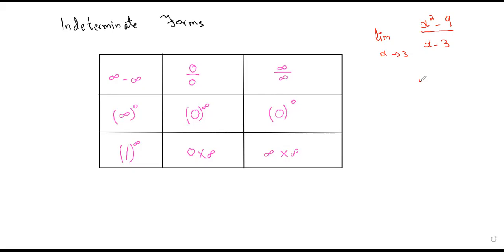So it would become 3 squared minus 9 divided by 3 minus 3. It would be 9 minus 9 divided by 3 minus 3. That is 0 by 0. And this is an indeterminate form. So we cannot accept this answer. We need to modify this function first, and then we'll talk about the solution.